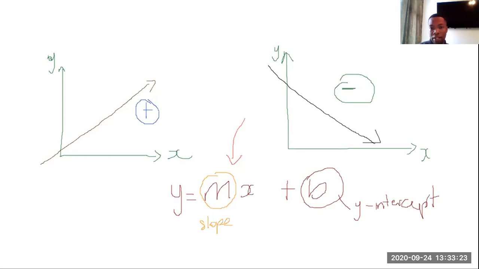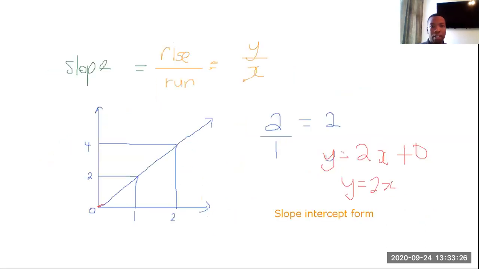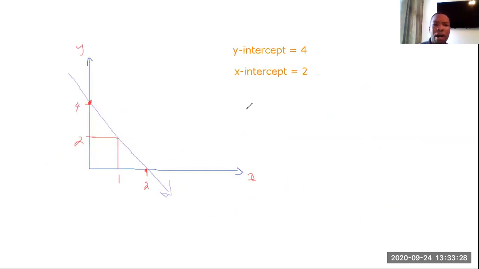Let's go back to where we're at. With this graph, we know it's a negative graph. So how do I write my slope? My slope is equal to rise over run. So I go down 2 over 1.